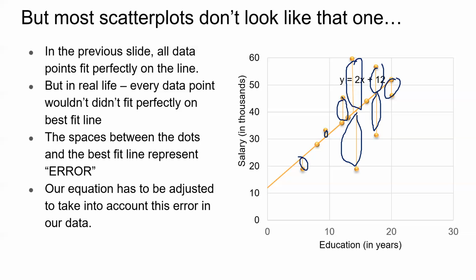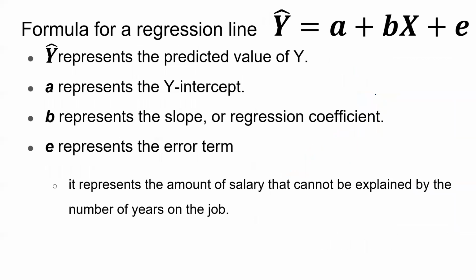So our equation has to be adjusted in order to take into account that error. And as I said, we're not going to do the computational pieces on finding that error measure, but I do want you to know that there is that measure because everything doesn't fit perfectly on the line.